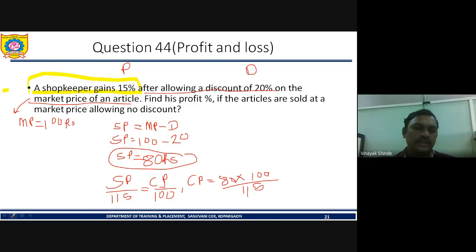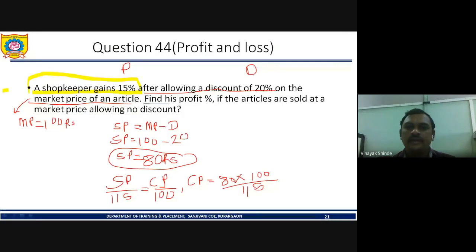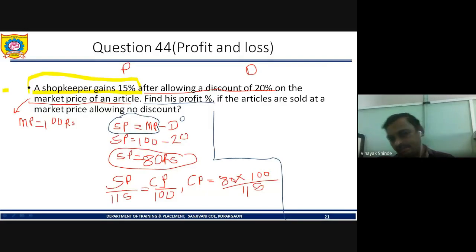Now the second thing is to find his profit percentage if the articles are sold at market price allowing no discount. So if discount is 0, then selling price will be equal to market price. So in the second case, the selling price is 100.